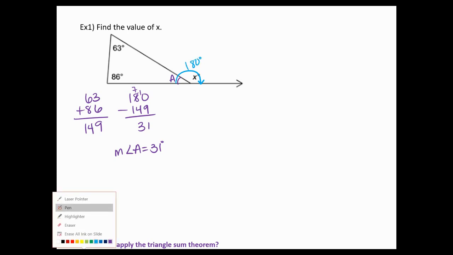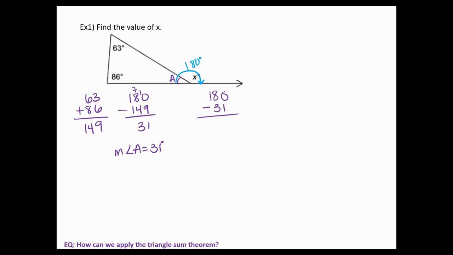So that means from where angle A starts all the way over, including X, this has to be 180 degrees. So with that knowledge, if the whole thing is 180 and I know angle A is 31, then I can do a simple subtraction: 180 minus the 31 degrees I know from angle A. Let me try that one more time, hopefully giving you a little time to write it down.